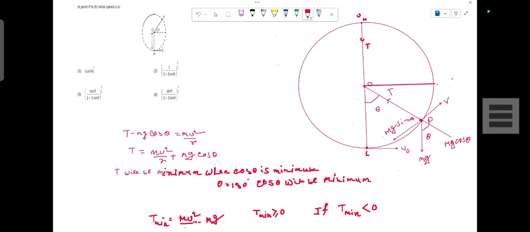Now vM, which is tangent from this position, let's say it is position M, will be root over 3gr.